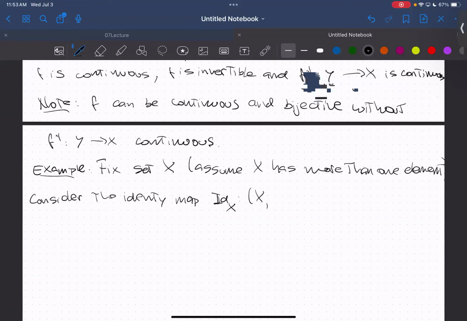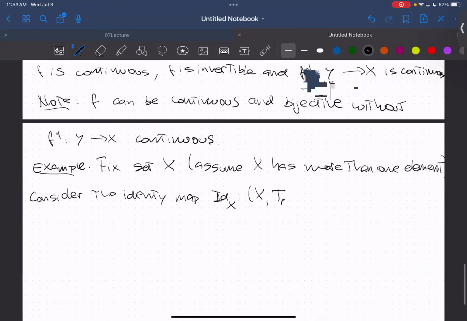So here I can put the discrete topology to X with the trivial. This map is absolutely invertible. It's absolutely continuous because everything going out of the discrete topology is continuous. So this map is continuous and bijective.